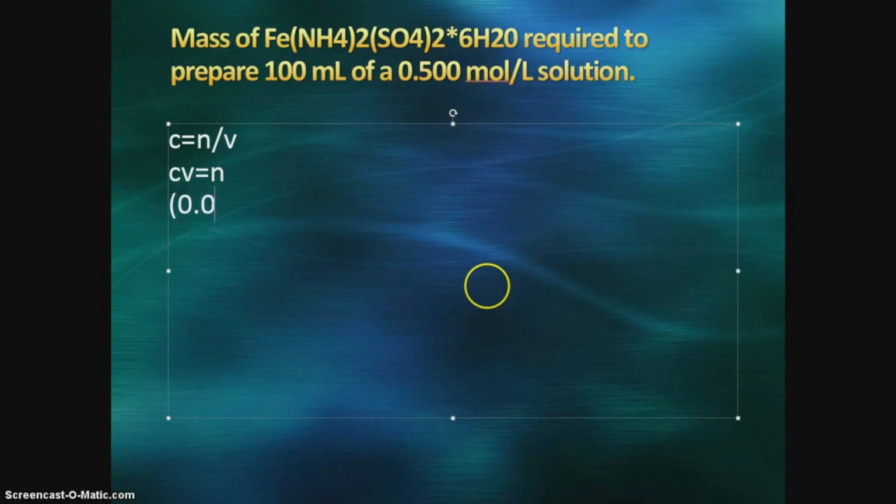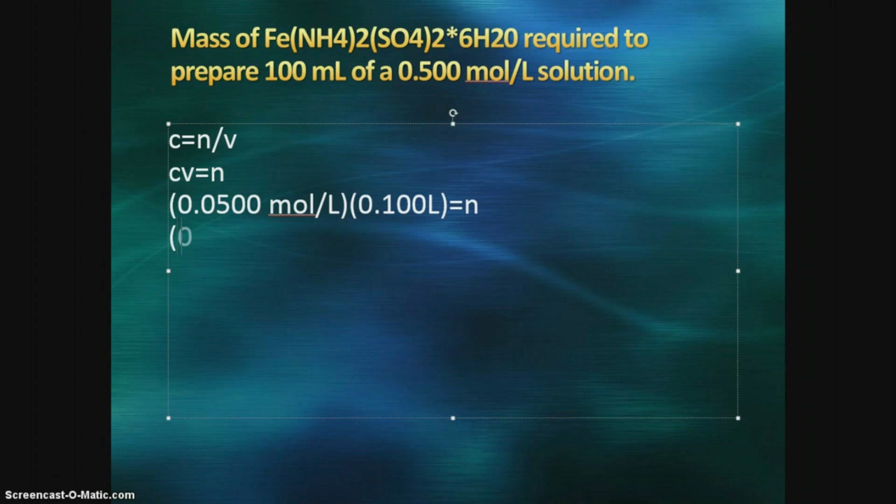This lab requires us to prepare a 100 milliliter, 0.05 mole per liter solution of iron 2 ammonium sulfate hexahydrate. If we multiply the concentration of 0.05 mole per liter and the volume of 0.1 liter, we get that 0.005 moles of iron 2 ammonium sulfate is present in solution.